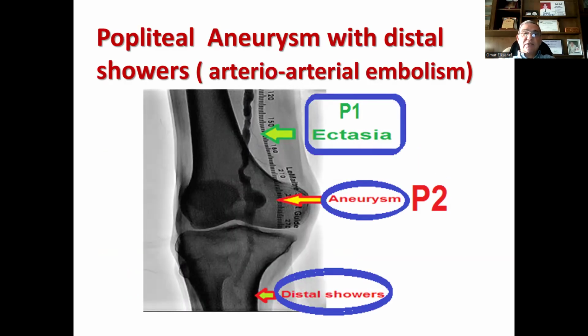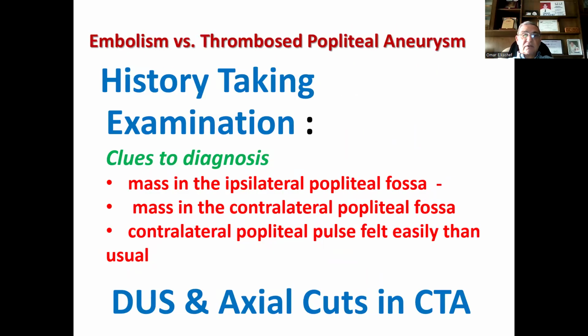This is a case of ectasia of P1, aneurysm of P2, and distal showers in the tibial arteries. Embolism versus thrombosed popliteal aneurysm is also important to differentiate by history taking and by examination.